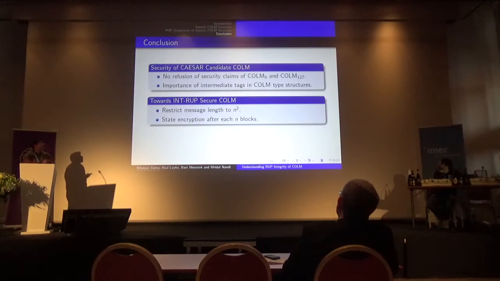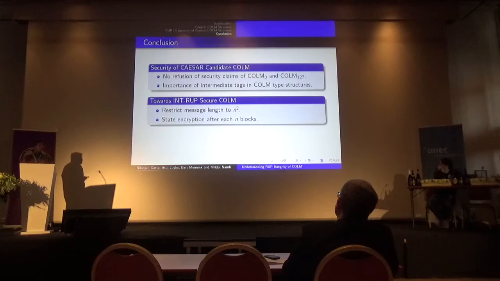This attack essentially shows the importance of the intermediate tags used in COLM 127. With COLM 0 you cannot achieve inter-RUP security, but since COLM 127 uses intermediate tags which can resist any unverified plaintext leakage, this shows the importance of intermediate tags in COLM type structure.